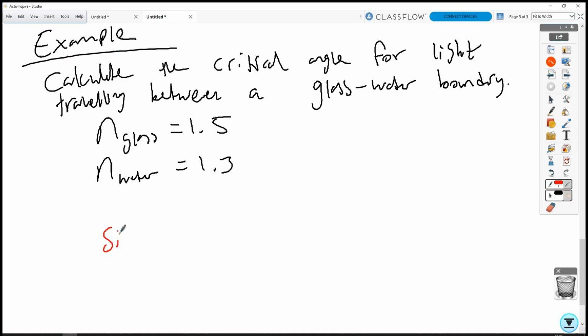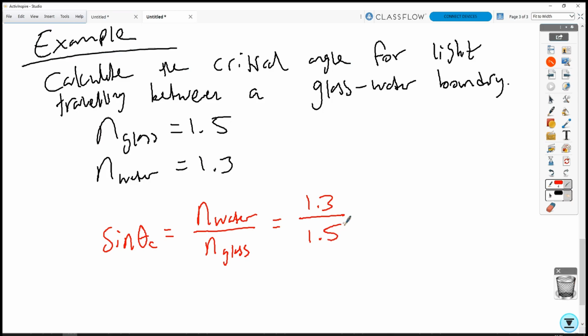So we write the equation sine theta critical is equal to n water over n glass. We put our values in, so that's 1.3 over 1.5.